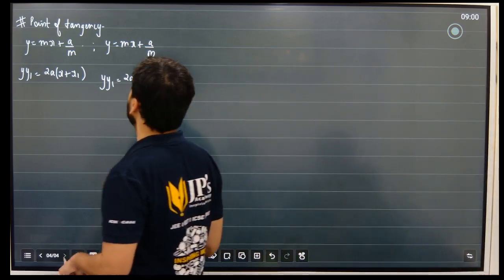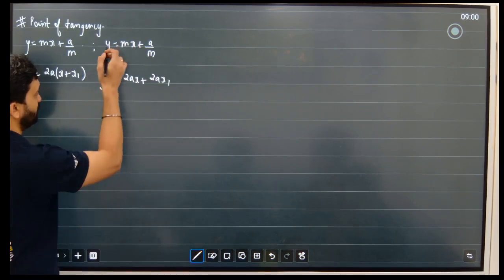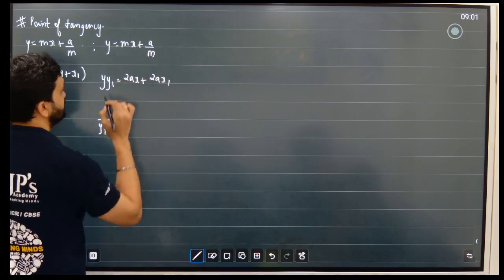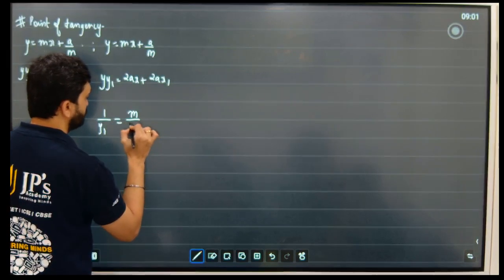they are basically proportional. Now what does proportional mean? The y coefficient of this is 1, of this is y1; the x coefficient of this is m, of this is 2a; the constant of this is a by m, of this is 2ax1.